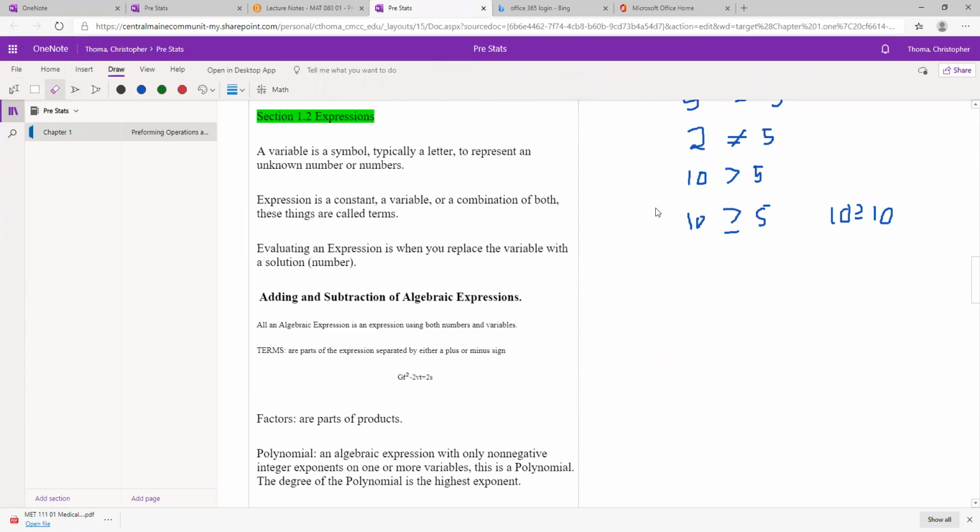1.2 is expressions. Before we get to expressions, let's talk about what a variable is. A variable is a symbol, typically a letter, and in algebra, the common letter that we like to use is the letter X. So we've got to get out of the habit of using X for times, because now that we're getting into algebra and statistics, X is going to represent something other than times.